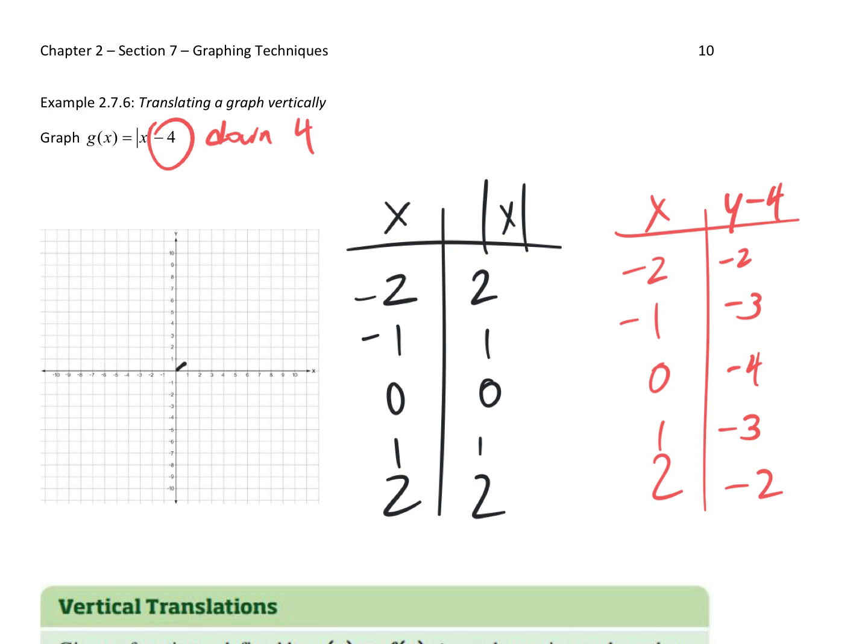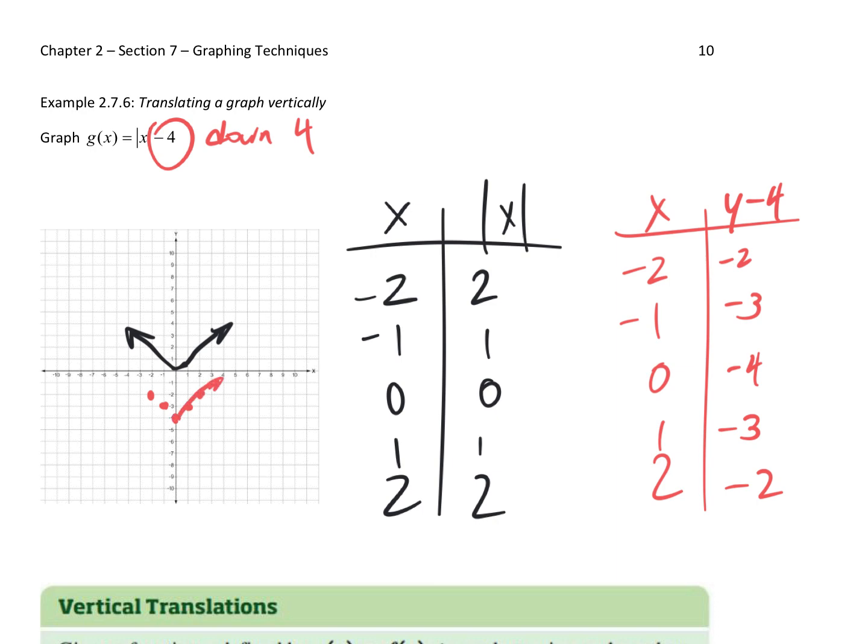So the original graph roughly looks like this. It is a V shape. Okay, and I know my drawings are not the prettiest on here, but it meets at the origin like that. And our new graph will be a little nicer about graphing this: -2, -2, 1, -3, 0, -4.